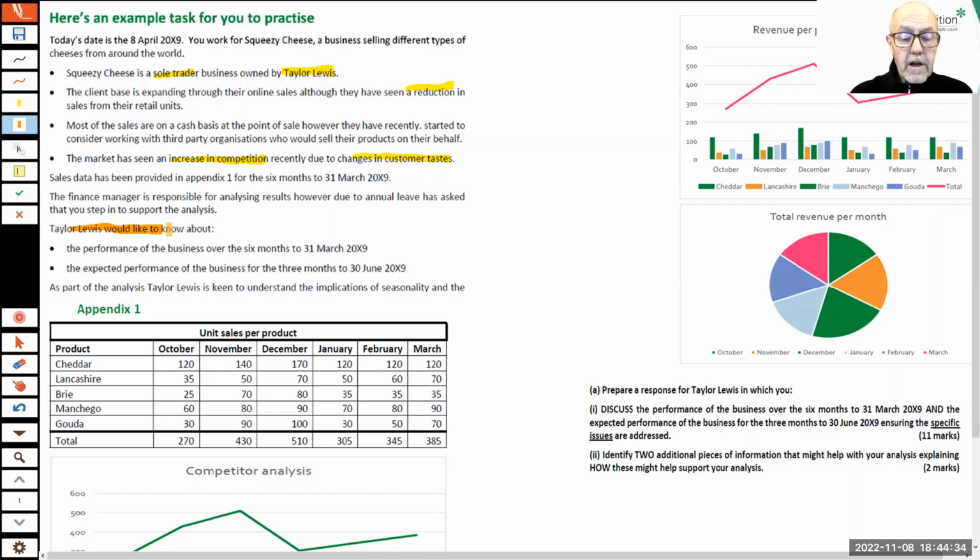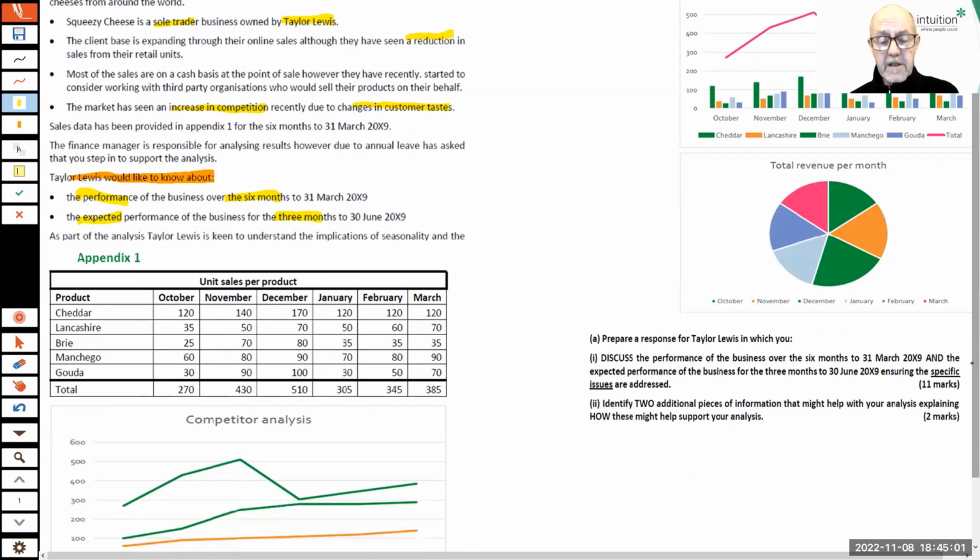Taylor Lewis would like to know about performance over 6 months, and then expected performance over the next 3 months. So we've got to do some nice simple factual analysis of what has already happened. And then we have got to do a little bit of forecasting, which with only 6 months figures is not easy.